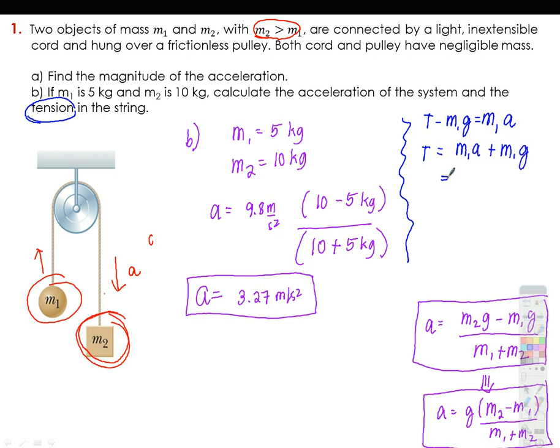And then they said our mass 1 is 5, and then the acceleration that we calculated is 3.17, plus 5 for M1, and then 9.8 is the acceleration due to gravity. This should be equivalent to 65.33 newtons. Okay, forgot about that.